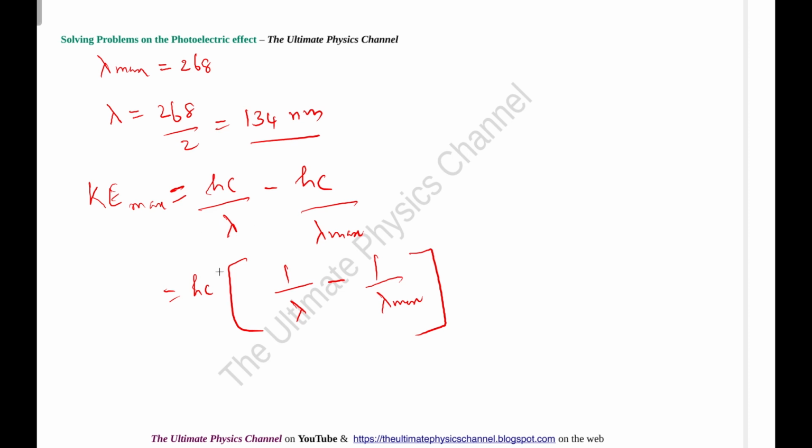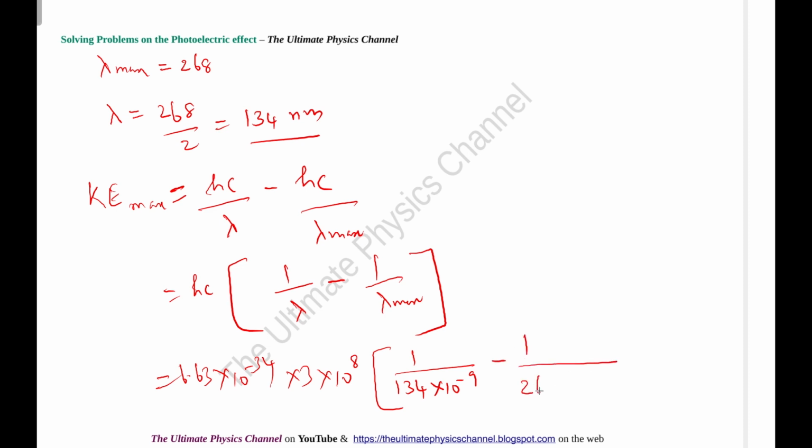We know the values for all the parameters on the right side, right? So 6.63 times 10 power minus 34 times 3 into 10 power 8 times 1 over 134 nanometers, so 10 power minus 9, minus 1 over 268 for lambda max, nanometers again, so 10 power minus 9 meters.